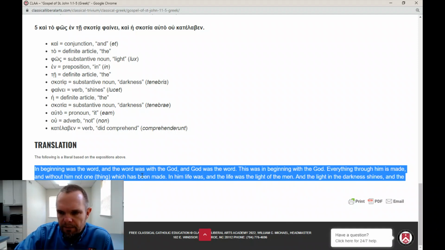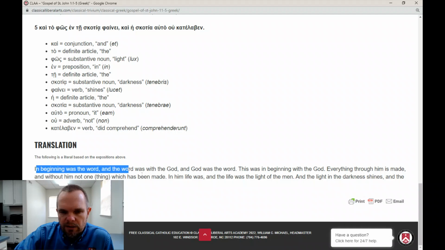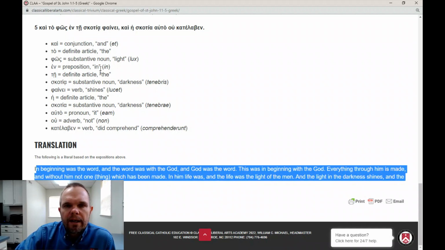Now, one thing I want to say is, normally when I give a translation like this in a lesson, it's just based on our exposition up here. What I encourage you to do is compare this to an approved Catholic Bible, like the Douay-Rheims. Compare them. See how they're alike and how they're different. Because if you study the exposition and understand this translation and how it comes from the exposition, when you look at an approved Catholic Bible, the Douay-Rheims is actually not a good example, because the Douay-Rheims is not a translation of the Greek text.